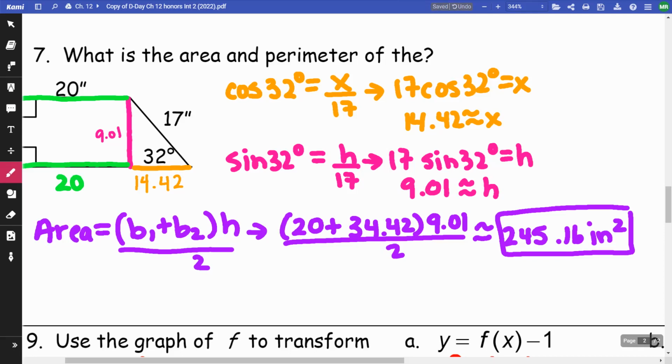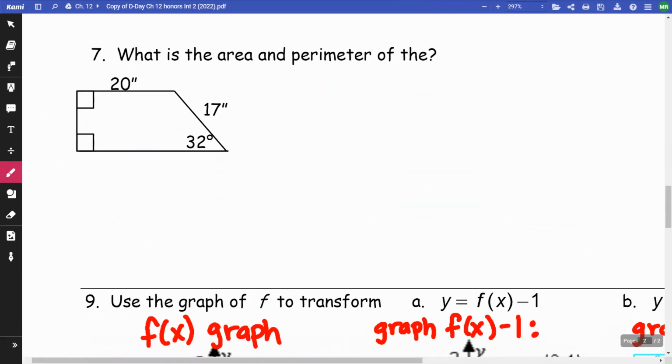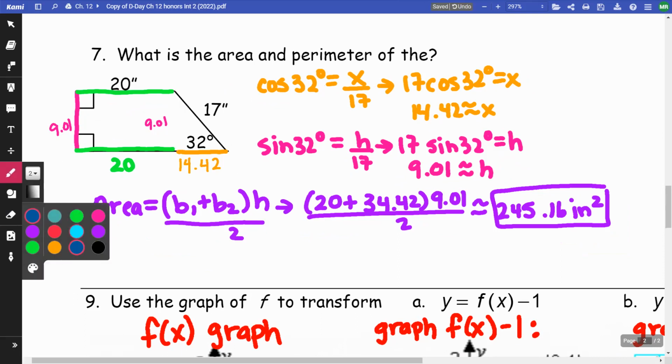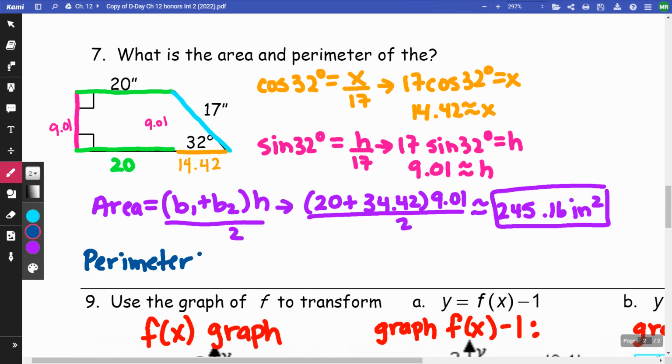Now for my perimeter, I'm going to be adding up all the way around. Let me take this piece. That piece is not going to be added, but this piece here does need to be added. That is 17. So when I'm finding my perimeter, I'm going to be adding up all the way around.